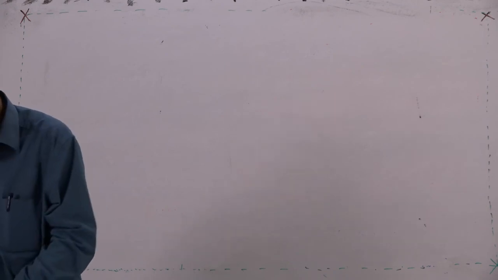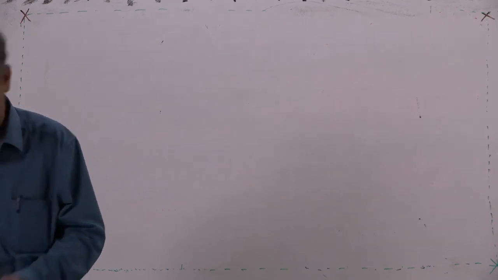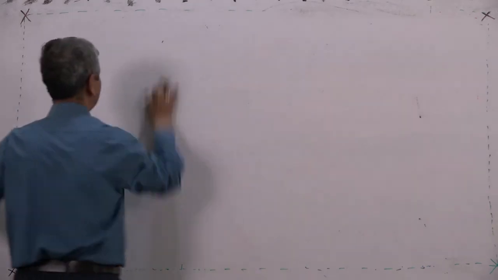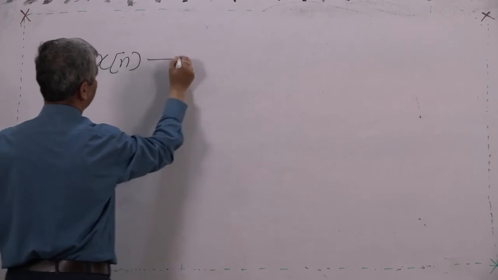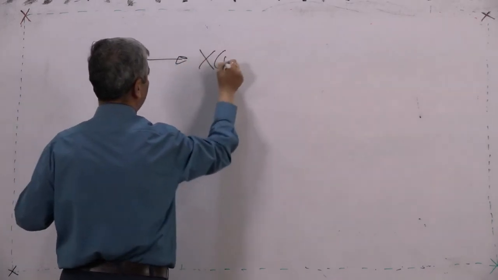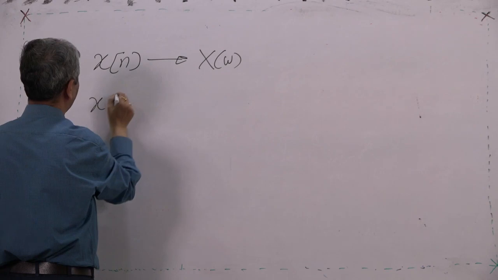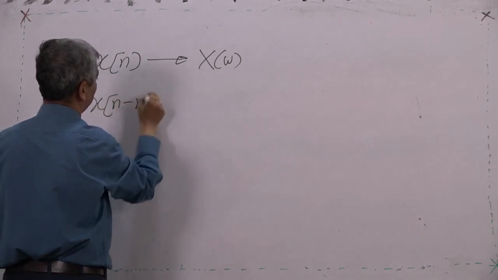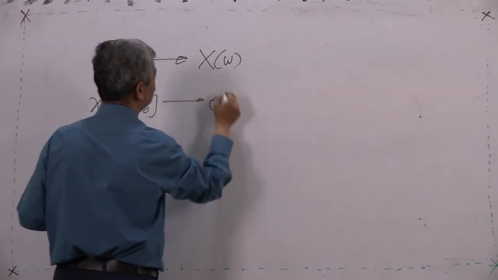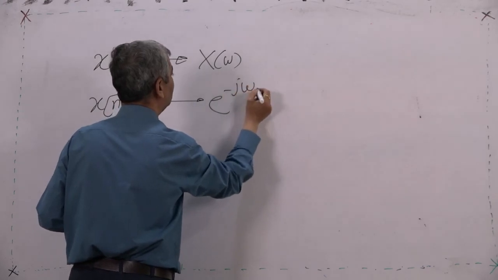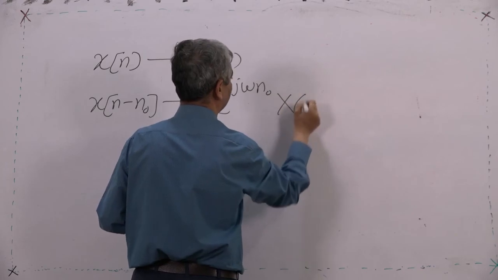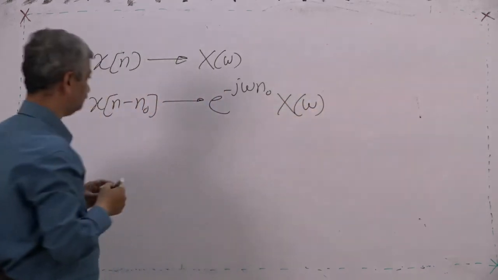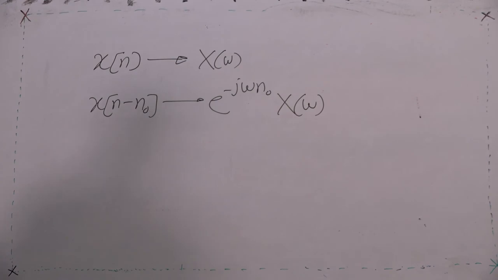It is just the complement of time shift, which is sample shift. X of n has DTFT X omega. Then what is the DTFT of x of n minus n naught? It is e raised to minus j omega n naught times X omega. Now, what is its complementary property?